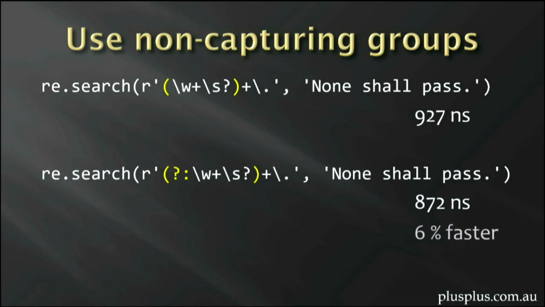So why not use a non-capturing group? Non-capturing groups are groups. They do exactly the same as groups, but they don't capture it. And it gave me a little bit faster. To be honest, it's a bit uglier. But if you wanted beautiful, this is the wrong talk.